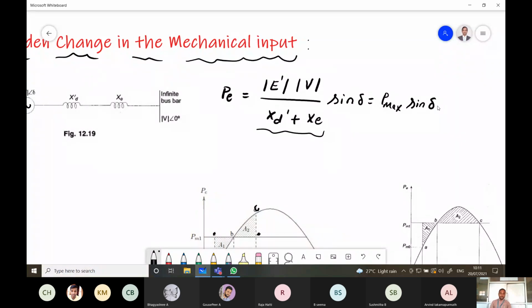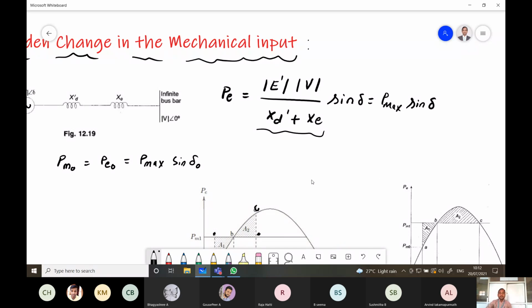Under steady operating condition, what happens? Both the powers are equal. So PM naught is equal to PE naught, which is also equal to P max sine delta.